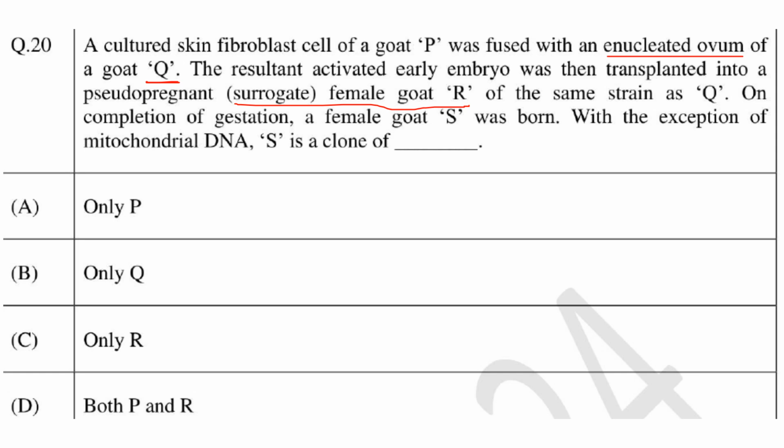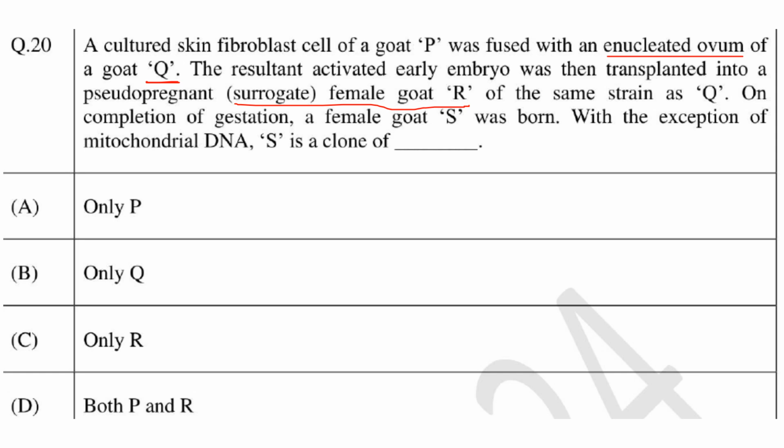Now, the cultured skin fibroblast cell of goat P was fused with enucleated ovum of goat Q. So P is the only one that is supplying the nuclear DNA, whereas Q is not supplying the nuclear DNA, it is enucleated.